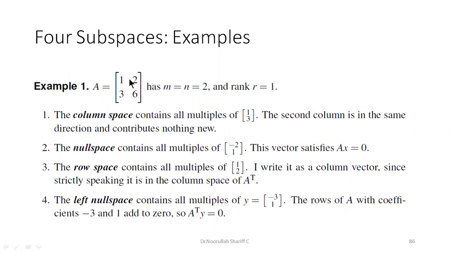Now you solve it. What will you get? 1 into x1 plus 2 into x2 is equal to 0. Here x1 is the pivot variable and x2 is the free variable. We know this because we have already reduced 1, 2, 3, 6 by the Gauss elimination method to 1, 0 and 2, 0.